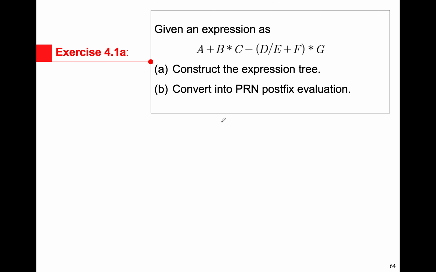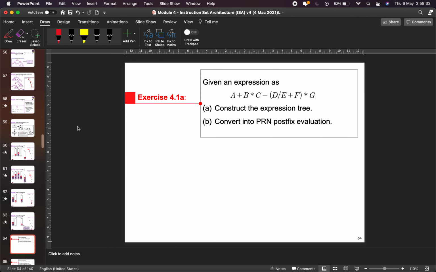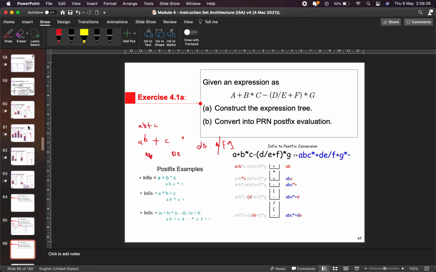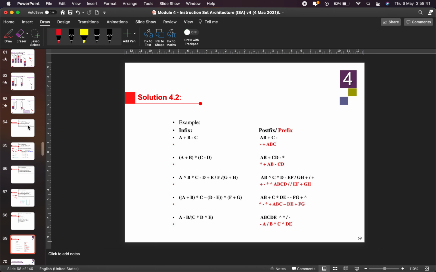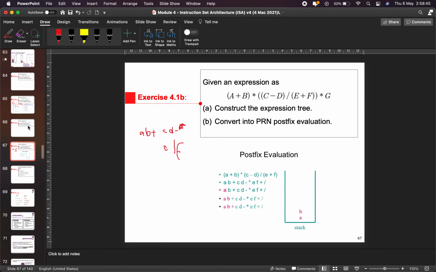Now you have another exercise. I forgot to what? Where is it? Wait, okay. Did I already unhide it? Okay, already.